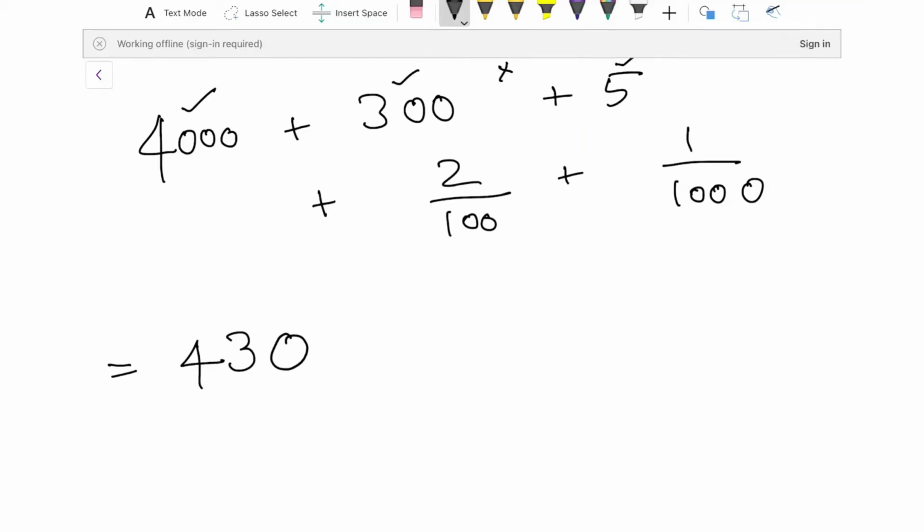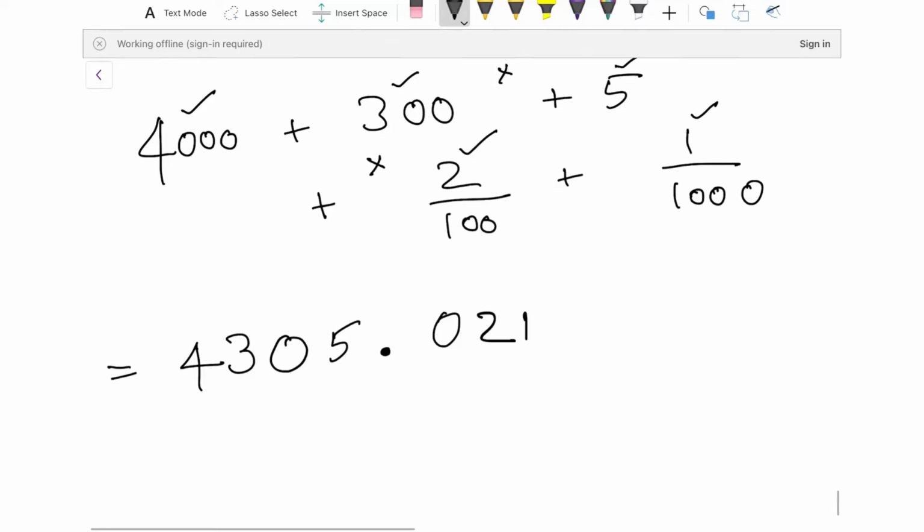And then we have 5 in the ones place. After that we put a decimal point, and then we don't have anything in the tenths place, so it's 0. Then we have 2 in the hundredths place, and then we have 1 in the thousandths place. Alright, notice we put 0 here and here because the place is missing.